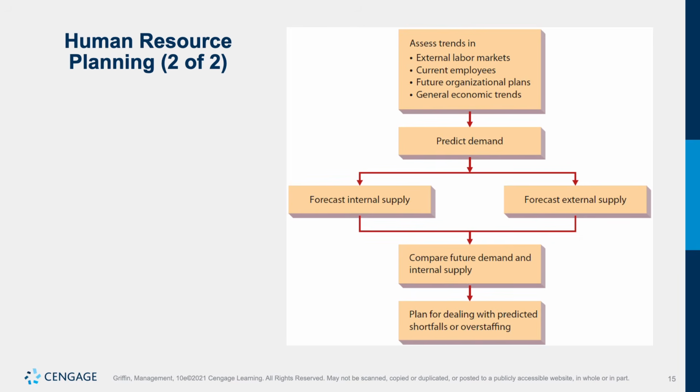Seeing if there's more demand or more supply of labor or human resources in the labor market, the availability of the persons that organizations may want to hire to take up some job functions or occupy some job roles. So assessing what the labor market is about, whether there will be availability of human resources in the labor market, right? That will be one of the things done in the first phase.